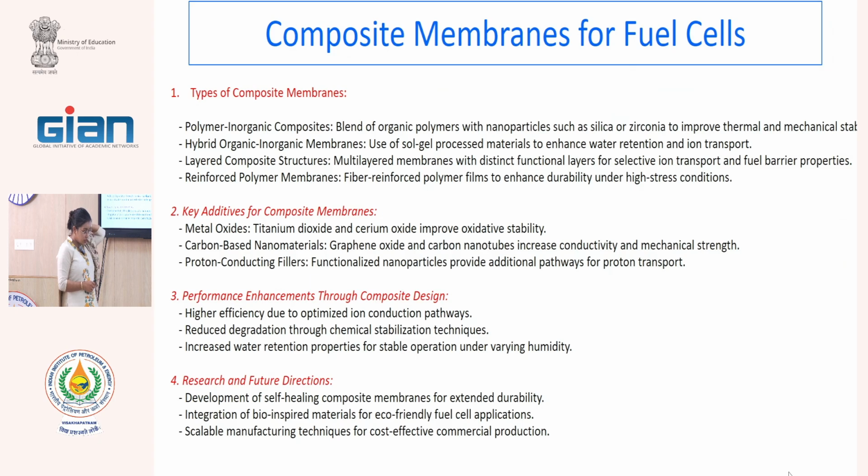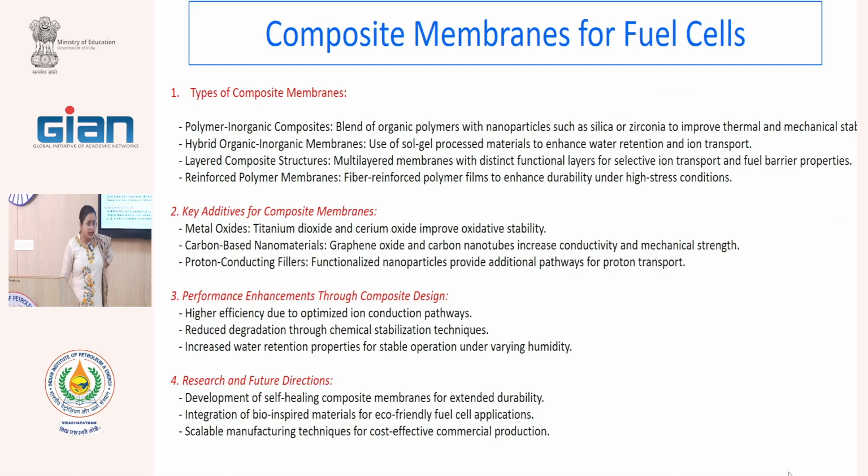In order to improve that, many researchers all over the world are working on composite membranes. In a composite membrane, especially for a PEM type of membrane, we can have organic polymers blended with nanoparticles like silica or zirconia.